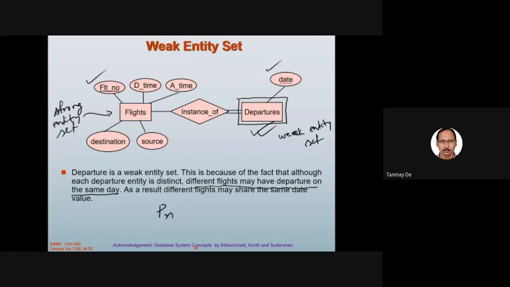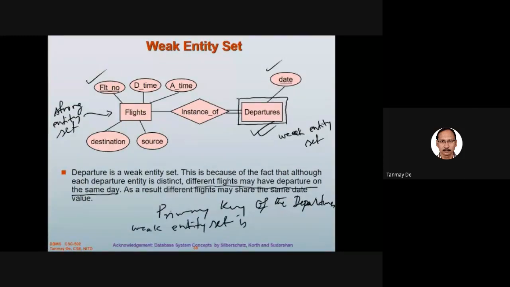The primary key of the weak entity set is flight number, comma, date. So this is the case of weak entity set.